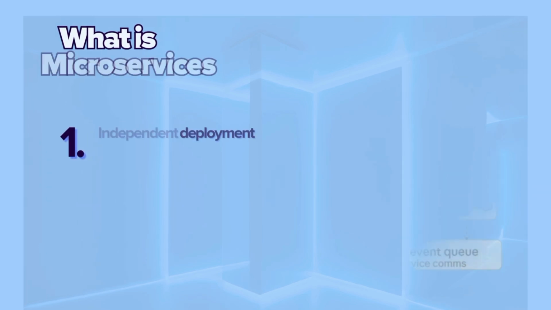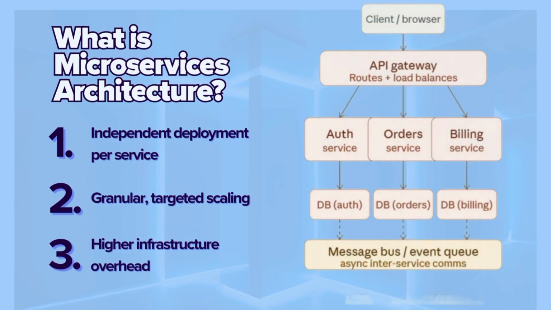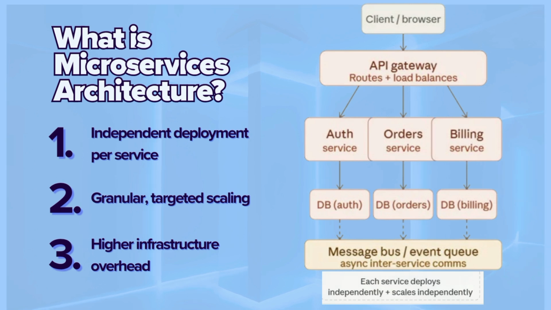Next up, we have the microservices architecture. The entire point of the microservice architecture is a different philosophy. Instead of one deployable unit, we break the system down into small independent services. Each one has its own function. For instance, here, authentication has its own service, orders is its own service, billing is its own service. They have their own database and they deploy independently.